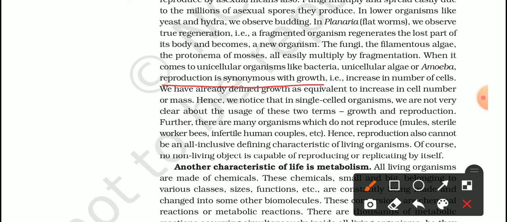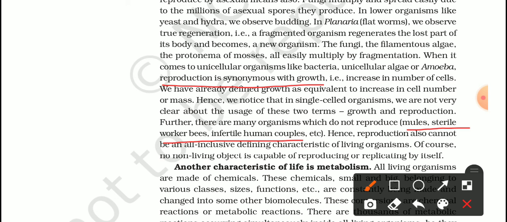Further, there are many organisms which do not reproduce, such as mules, sterile worker bees, and infertile human couples. Reproduction cannot be an inclusive defining characteristic of a living organism. Of course, no non-living object is capable of reproducing or replicating by itself. But why can reproduction not be taken as a defining property?